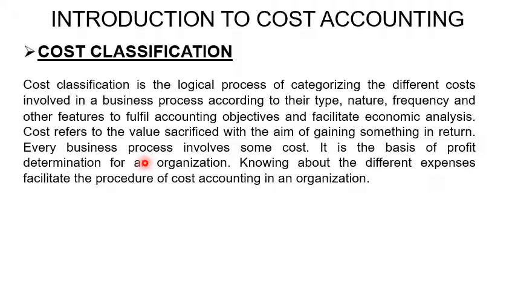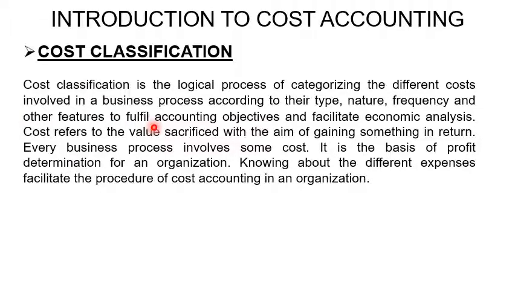Practically, we know that different factors are involved in the production of a product. We discussed in the basic concept introduction that material, labor and other overheads are the basic elements involved in cost.